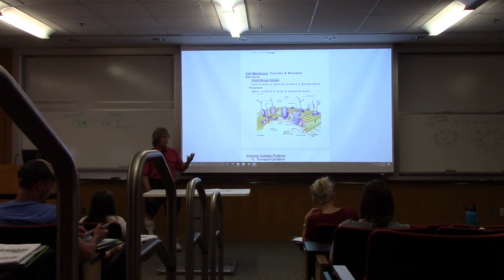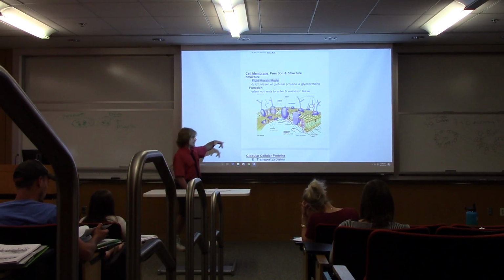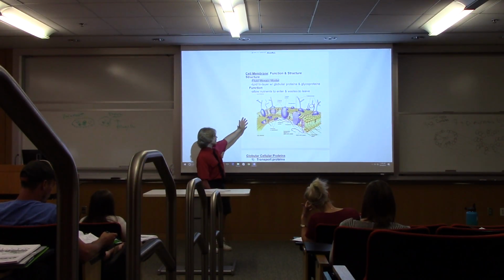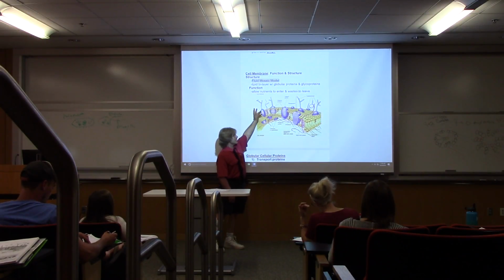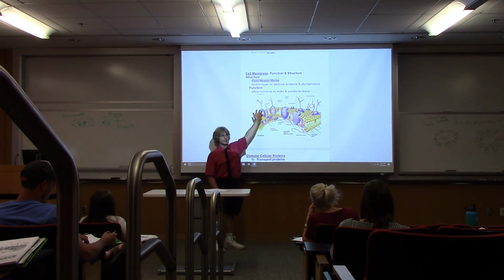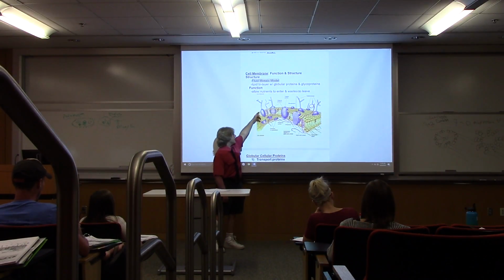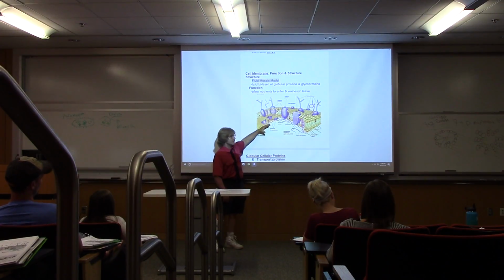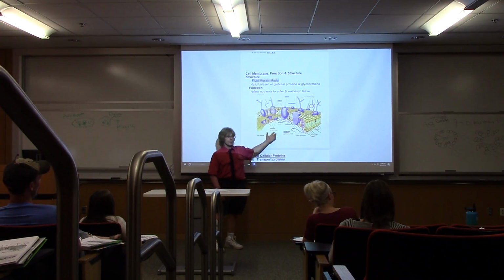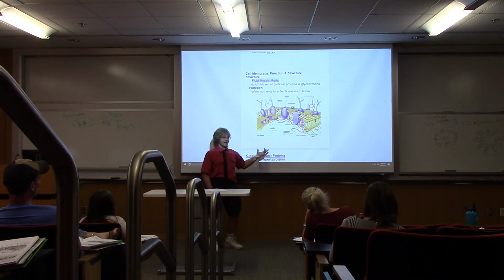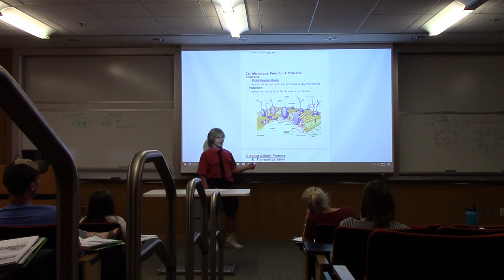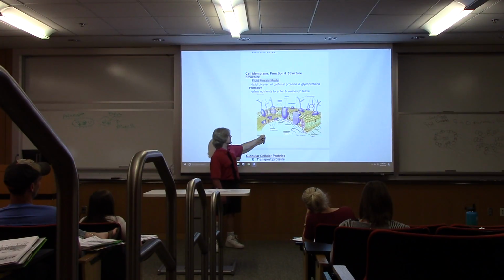But with the electron microscope, you're able to see these molecular antennas that sense the outside environment and transfer that information to the nucleus. So the nucleus is not controlling the cell, so to speak.